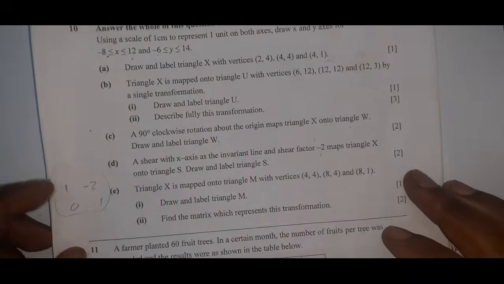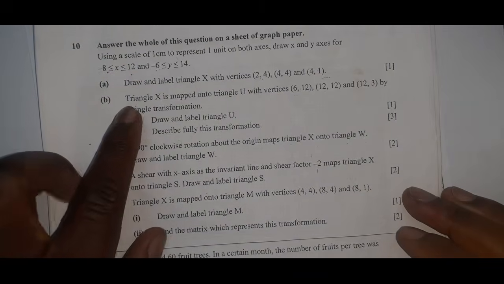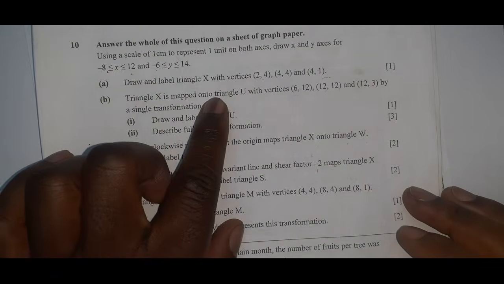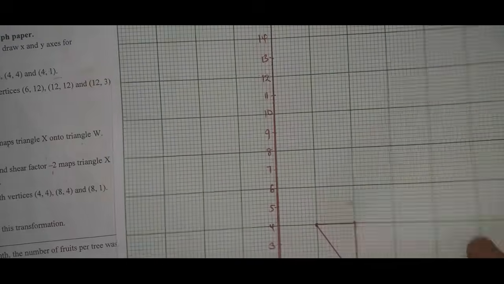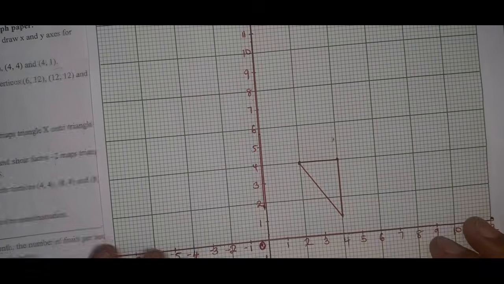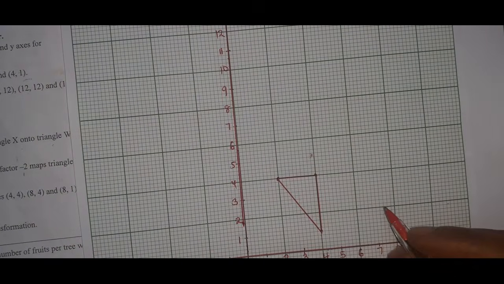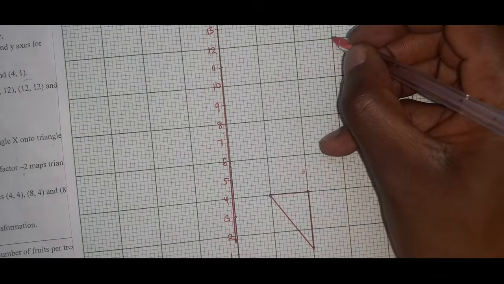Then we move on to the next question that says triangle X is mapped onto triangle U with vertices 6, 12, okay, this point here.